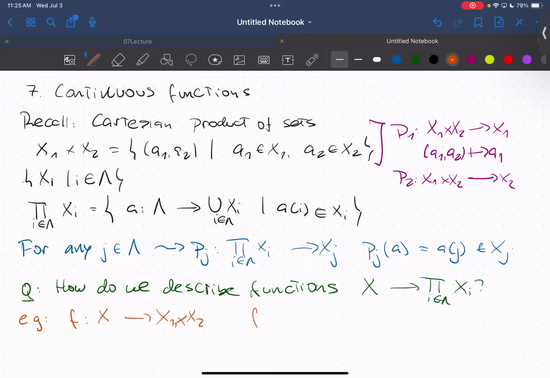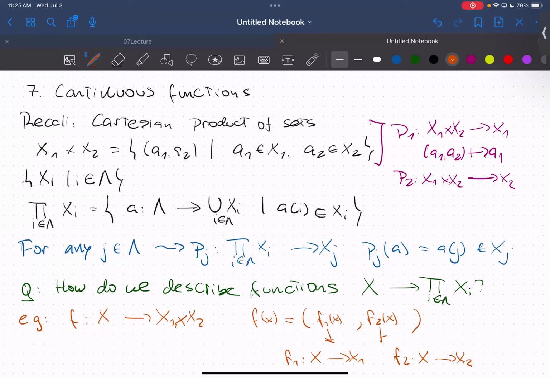So f of x is going to look like something comma something, because it's a thing with two coordinates. The first something sometimes we call f1 of x, and the other one sometimes we call f2 of x. So instead of giving me a function, you just need to give me these two: some f1 from x to x1 and some f2 from x to x2.